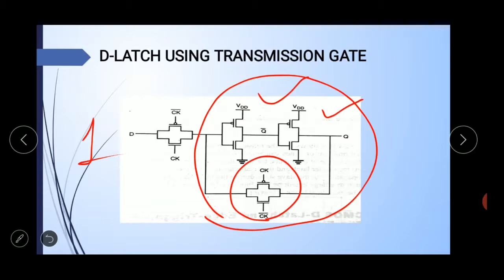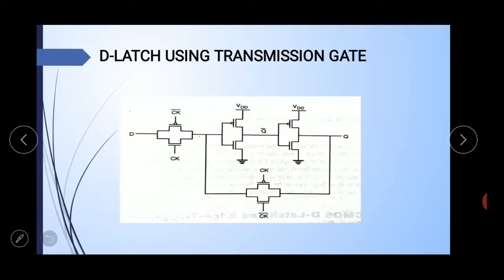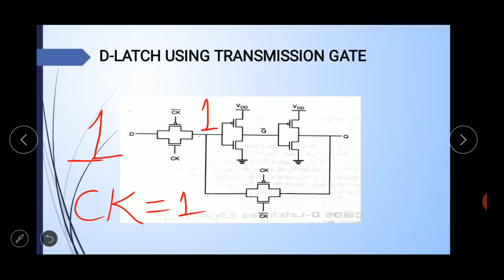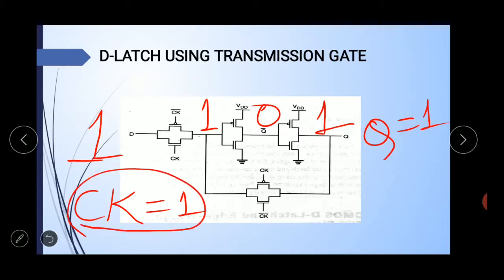So see here, when we give 1 here and clock equal to 1, then the data is transmitted here, then the inverter inverts it to 0, then 0 is inverted to 1, then at the output Q equal to 1. That means we get the data. And when we look into the loop, here clock equal to 1, and because of clock equal to 1 the circuit provides a path.